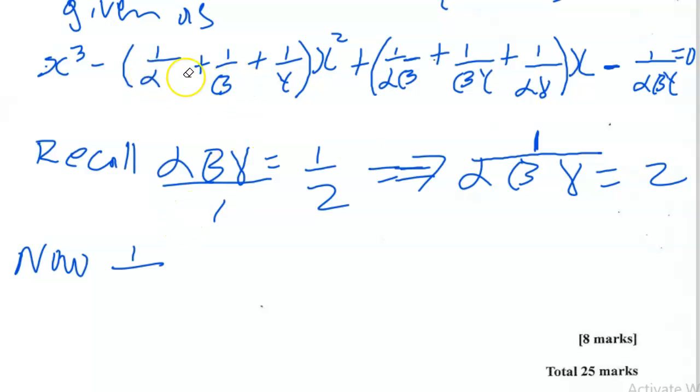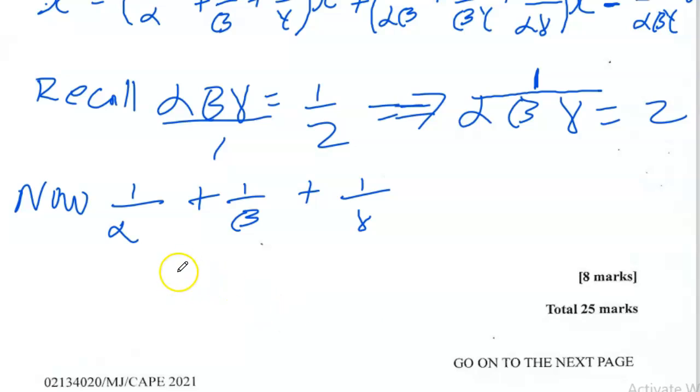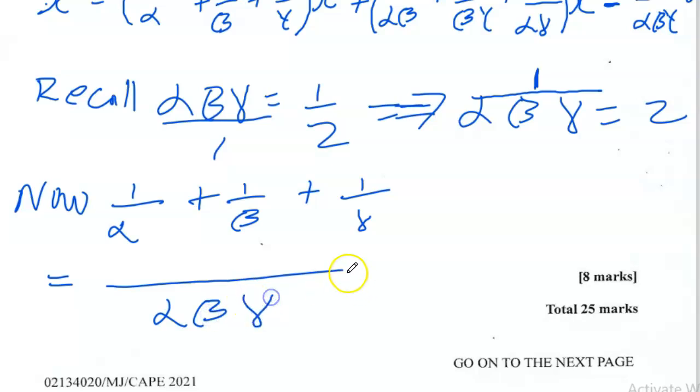Now let's work out the first bracket: 1 over alpha plus 1 over beta plus 1 over gamma. I'm going to bring everything to one common denominator, alpha beta gamma. For the first denominator to become alpha beta gamma, I multiply the top by beta gamma, giving equivalent fractions.